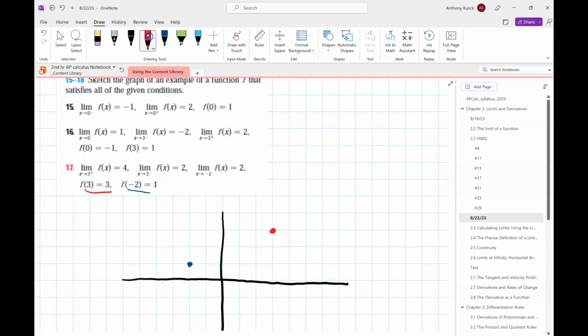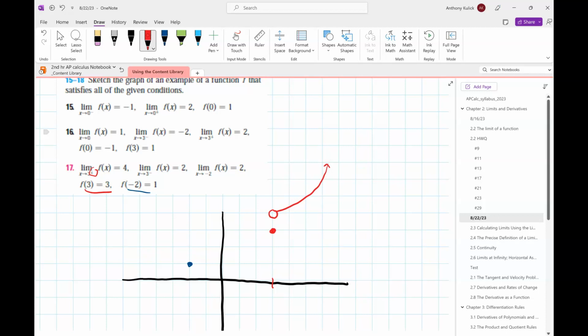So let's see. We have the limit of f as x approaches 3 from the right is equal to 4. So that should be coming into here. That's 3, 4. I don't know if that arrow should be pointing down or up, so it doesn't matter. Either would be acceptable. I just need to make sure I have that open circle at 3, 4 and the graph coming into it.